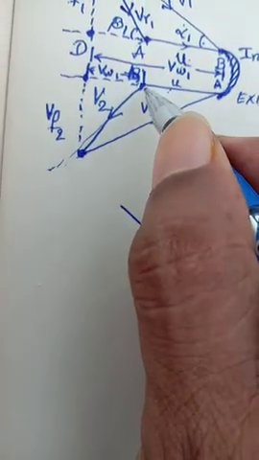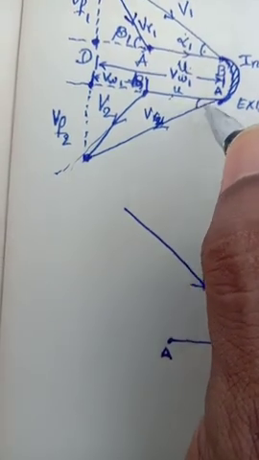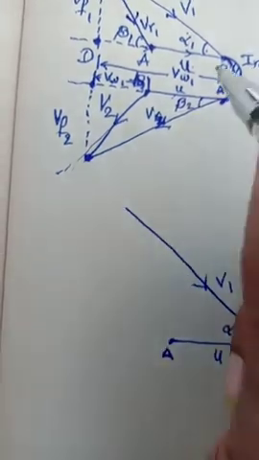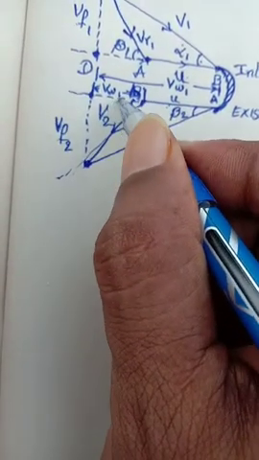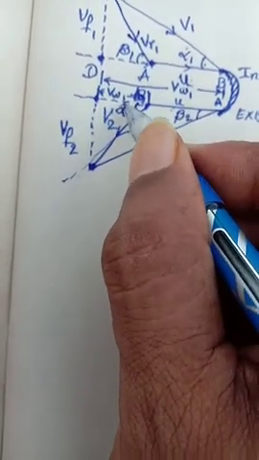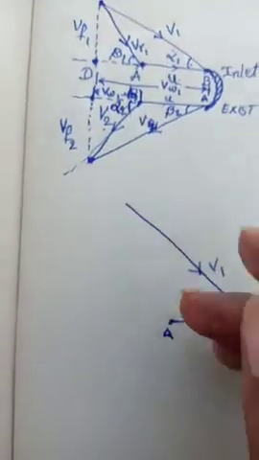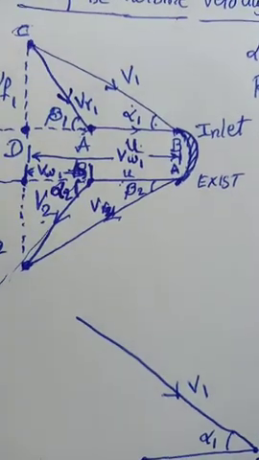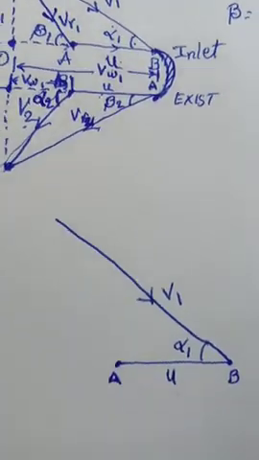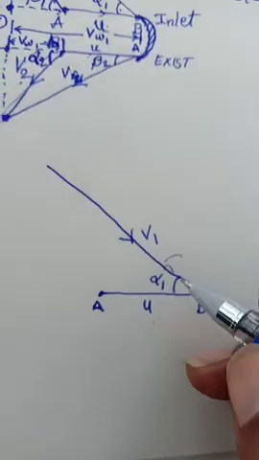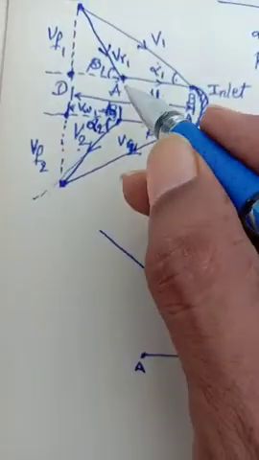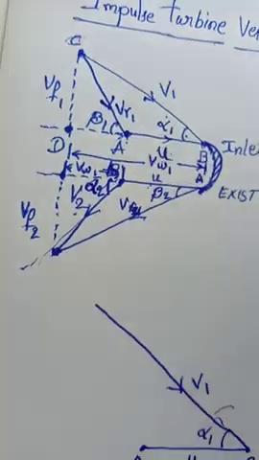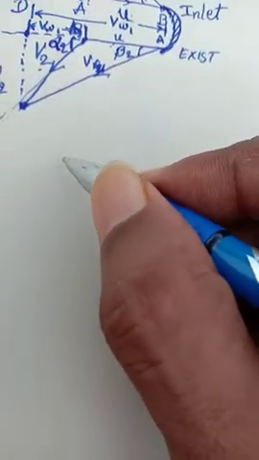And similarly here also we are going to put, this is for blade velocity beta 2, and this is for alpha 2, absolute velocity alpha 2. Okay, and then here we draw this one, and next relative velocity is there. C to A is relative velocity.